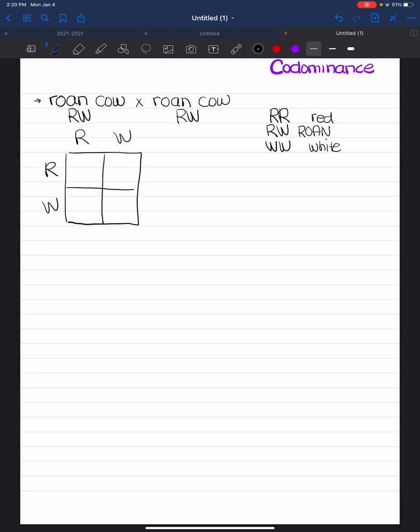And then we fill out the Punnett square. Remember, it doesn't matter which order that you write the letters, but if you want to write the R's first, you can.